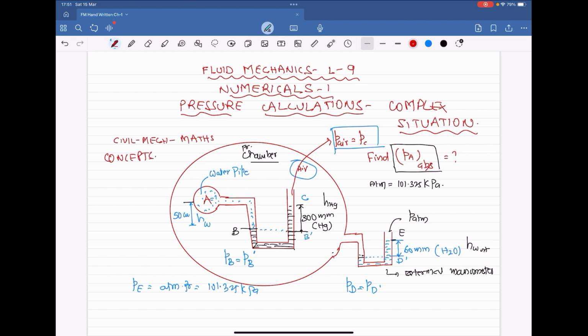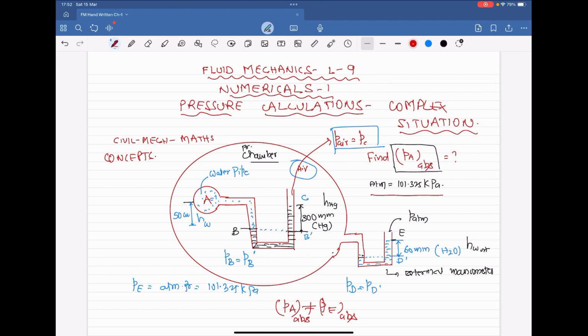Please try to understand this. PA absolute is not equal to PE absolute, because PE absolute is open to sky, to an atmospheric pressure of 101.325.